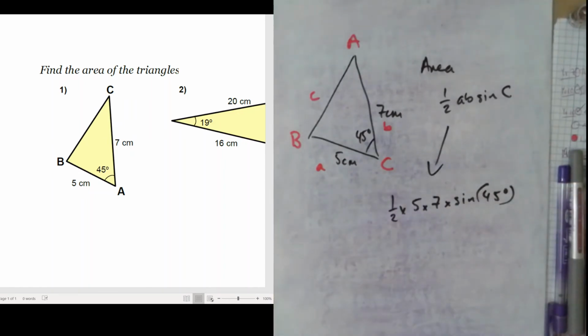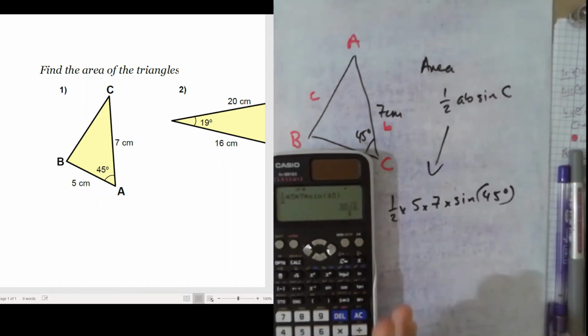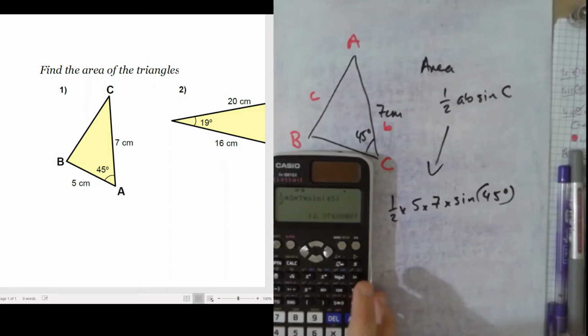Where is my trusty calculator? Okay, so let's put half times 5 times 7 times sine 45 degrees. Okay, if you do see it in this form, that is called exact form. I don't know if they want exact form or not. They haven't told me.